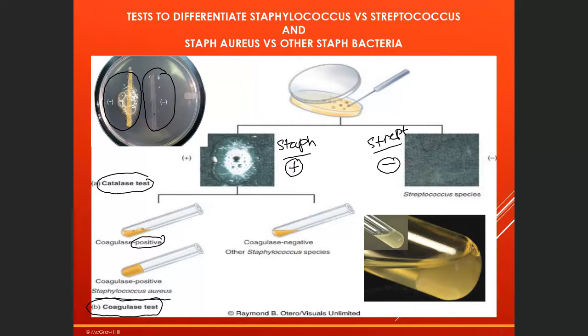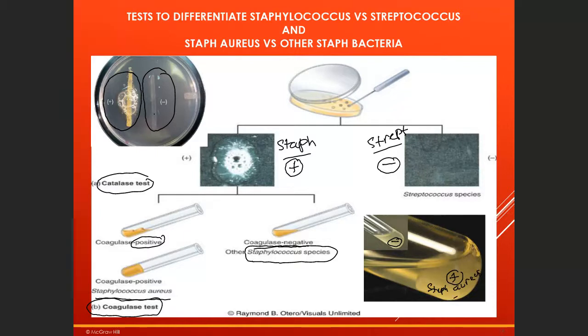But if the result is negative, then the bacteria is other than Staphylococcus aureus, maybe Staphylococcus epidermidis, capitis, hominis, or saprophyticus. This is a positive coagulase result over here. You see the coagulation, and this is a negative result like this. So if you see this result, then this is actually Staph aureus.